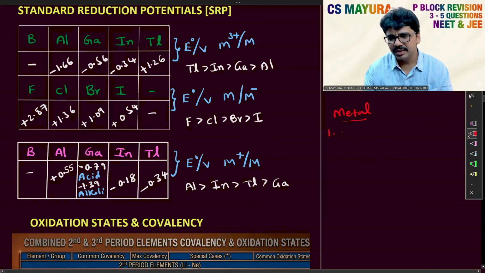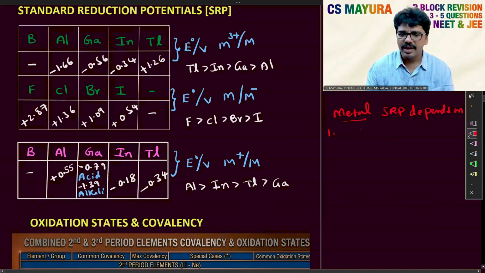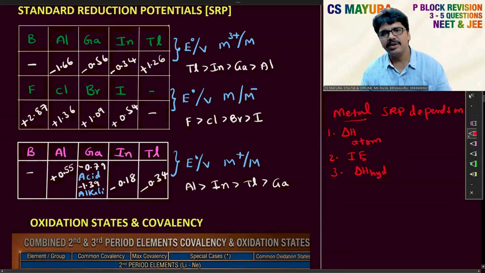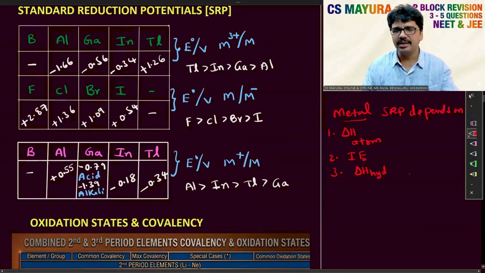In case of metals, that SRP depends on the heat of atomization or heat of sublimation, the ionization enthalpy, the sum of the total ionization enthalpy, and third, its hydration enthalpy.